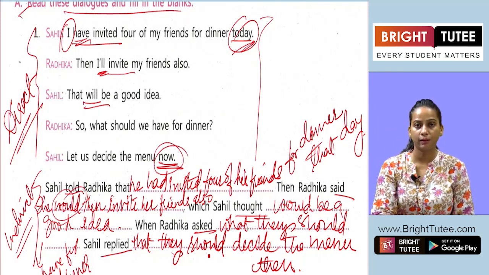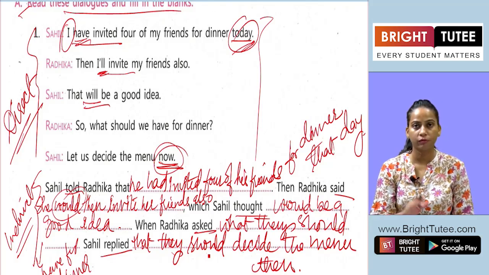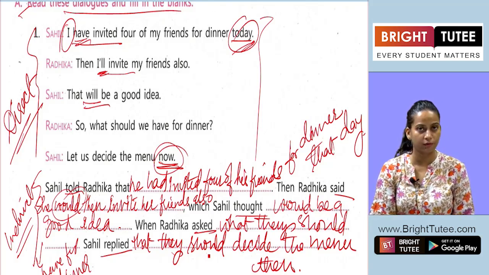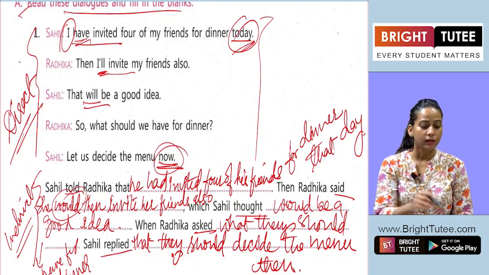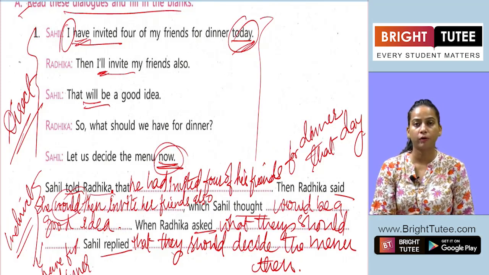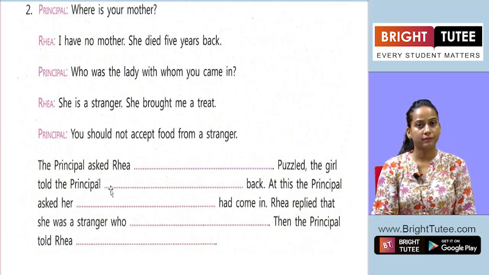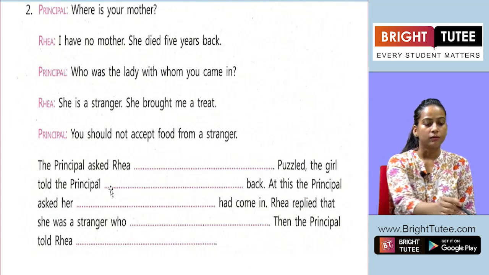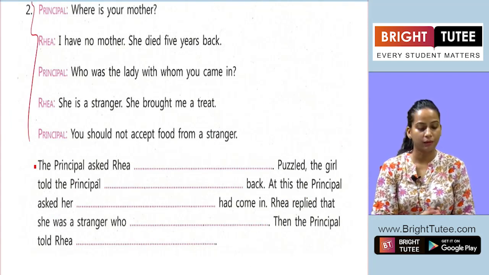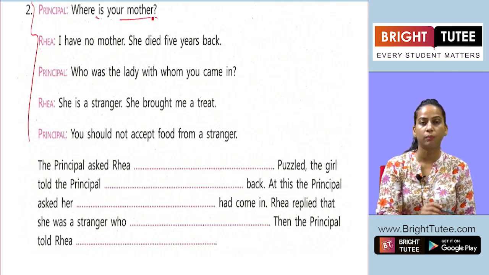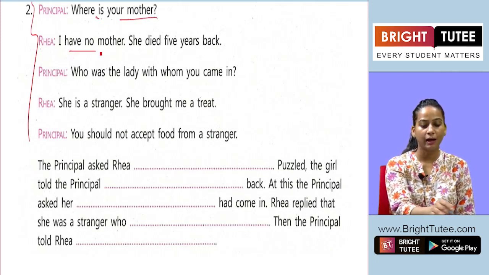So this was the exercise based on direct and indirect. With the help of the direct narration, we are supposed to fill the blanks given below. And according to the verb form or reported verb, we have to change the sentences given in the blank. Next exercise based on the same. There is a conversation between principal and a student. So we'll see that principal, where is your mother? Riya, I have no mother.